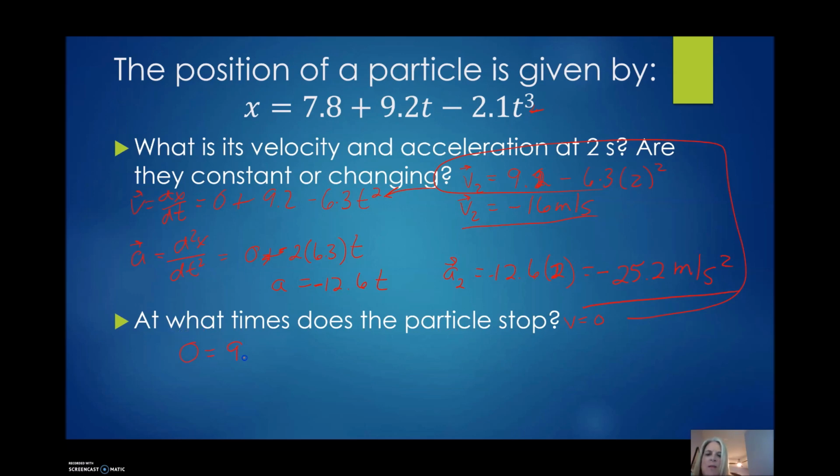So 0 is equal to 9.2 minus 6.3 t squared. We do a little rearranging. We get 6.3 t squared is equal to 9.2. So that means t is equal to the square root of 9.2 divided by 6.3, and we get a time equal to 1.2 seconds.